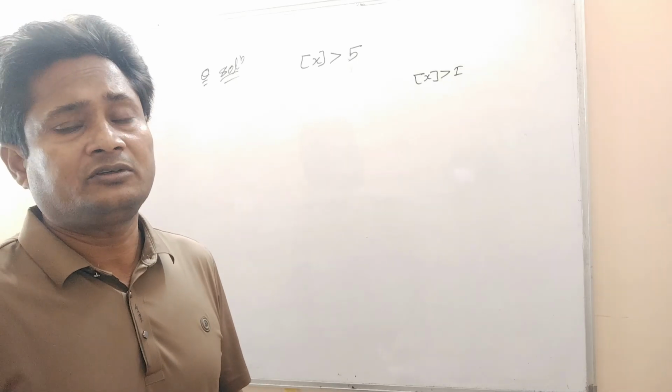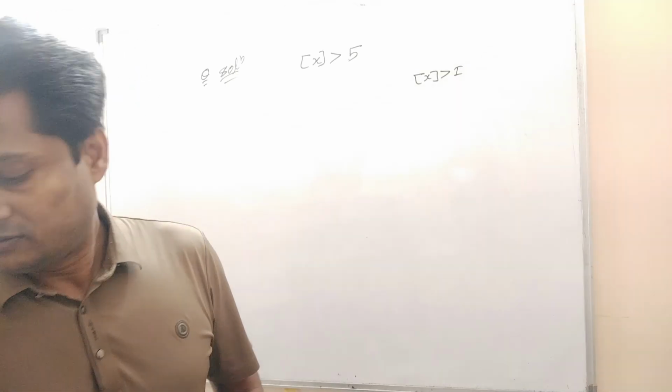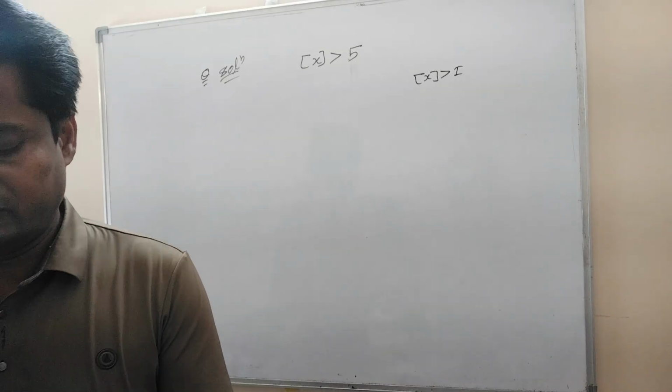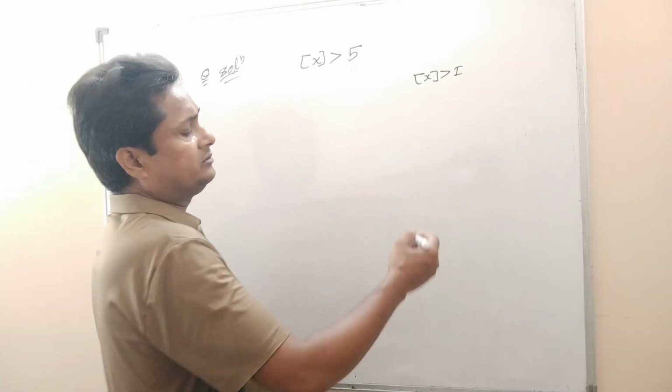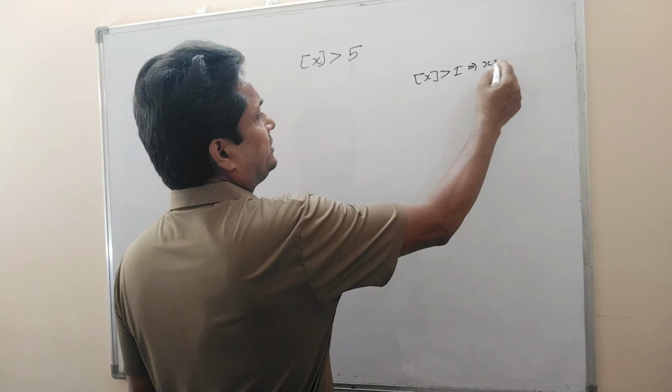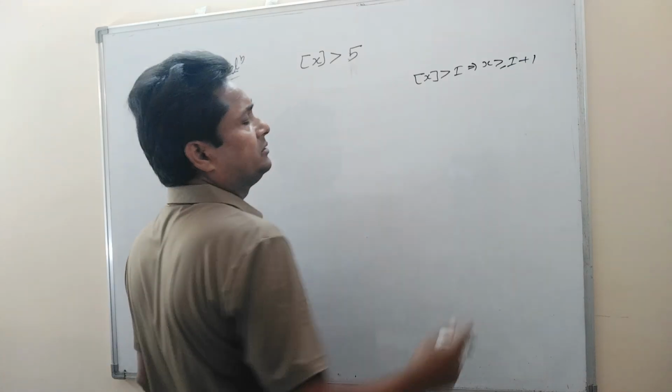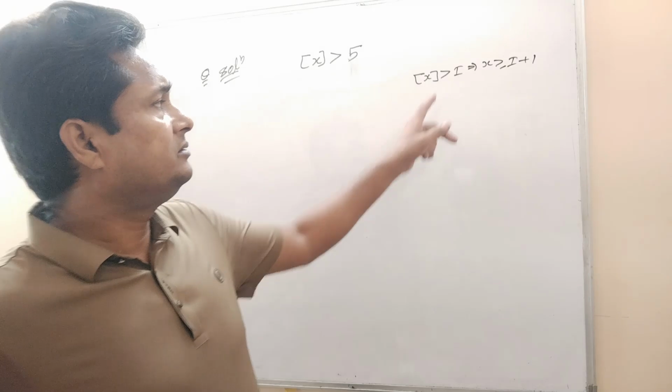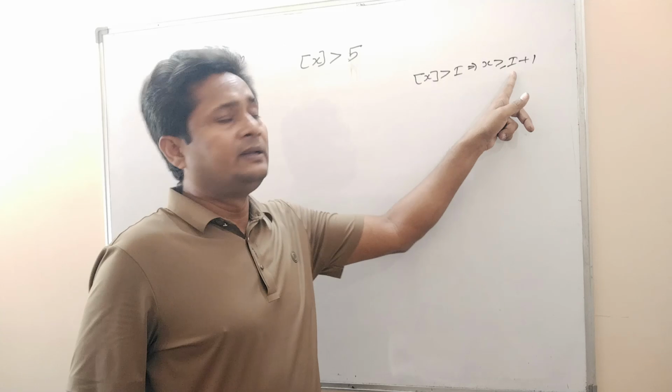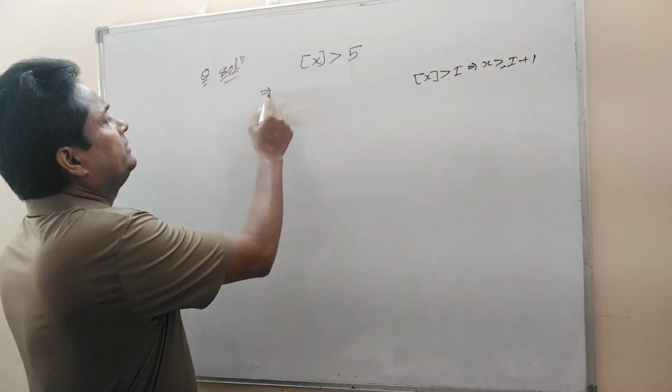In this case, what was the property? It was x greater than or equal to I plus 1, which always satisfies this one. So the solution of this one will be what?